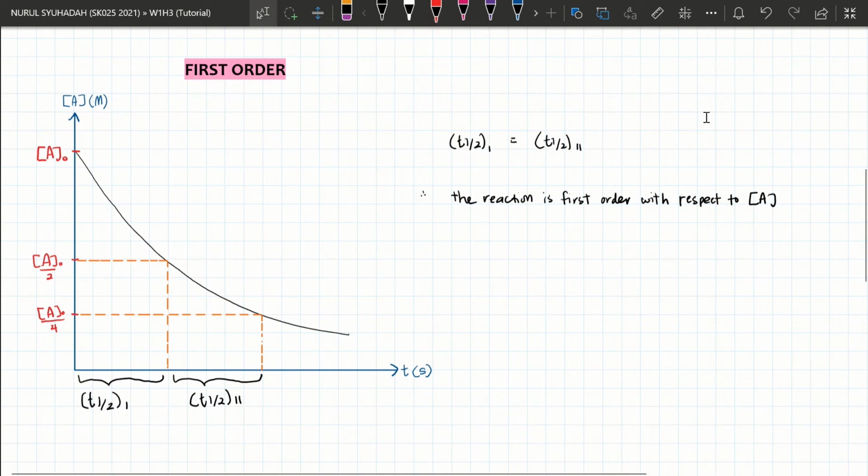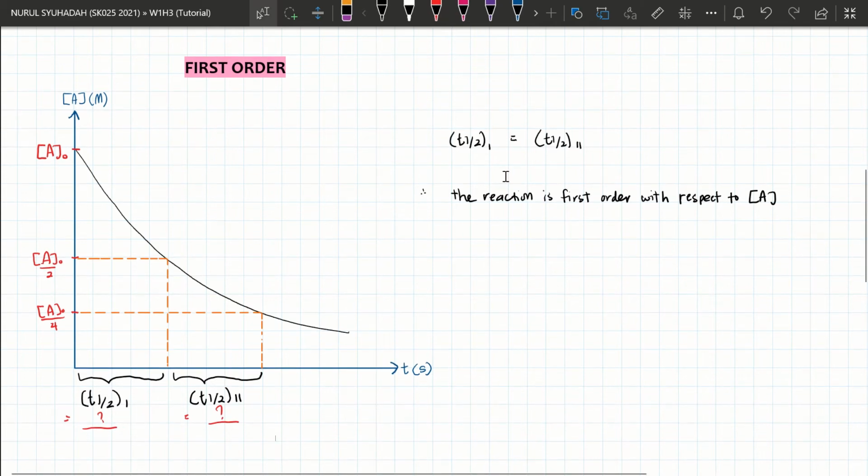Since the value of half-life here is the same, you can choose any value because it will give you the same answer. And before I forget, you need to mention the value of the half-life for this statement to be valid. You need to show it clearly on the graph.